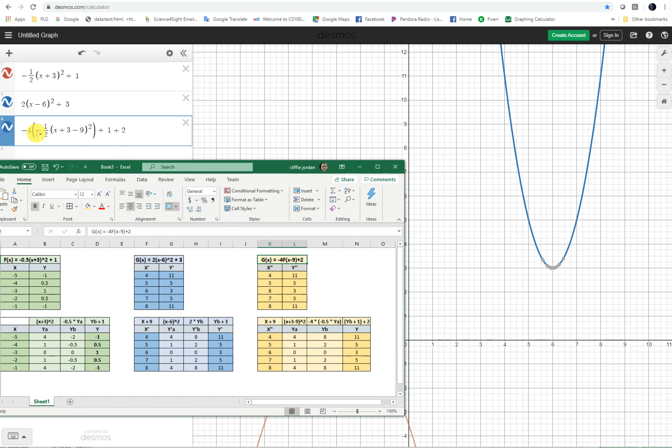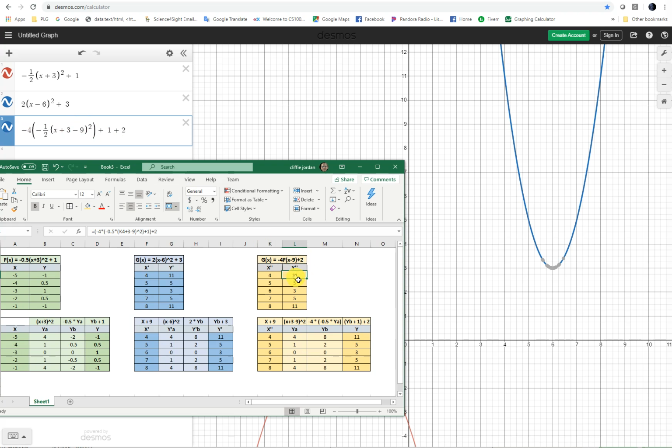Here's that -4 times, and then here's f of x, and then here's that minus 9. Now the f of x, x plus 3 was part of the original, so we have to keep that. And then you have the minus 9. And then here's the plus 1 from f of x, and then we added the 2, just like we did here. So it's a different way of writing it, but this is what it looks like when you calculate it.